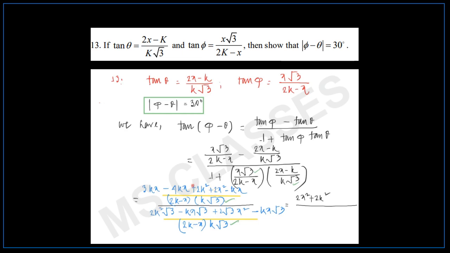Now here in the denominator, rest part will do, definitely will do. Now, here you have 2 root 3 x square, here you have 2 root 3 k square. Now this part is there. Now at first you concentrate over this kx. How you have got kx from the beginning, you see. This was k root 3, this is x into root 3, so that was 3kx. Now how have you got this kx?